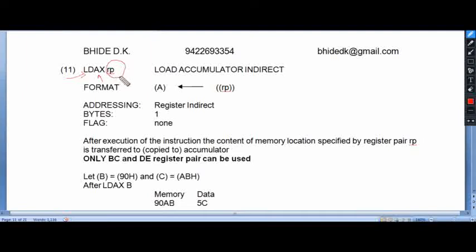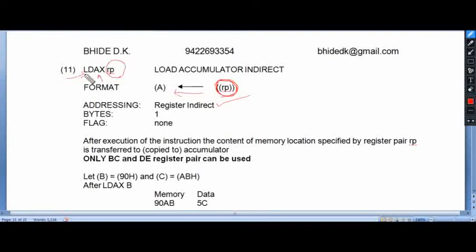The register pair gives the memory. From that memory location, whatever number is there, that number is to be transferred to the accumulator. Just now we studied, whenever a register pair represents the memory, the addressing mode is register indirect.